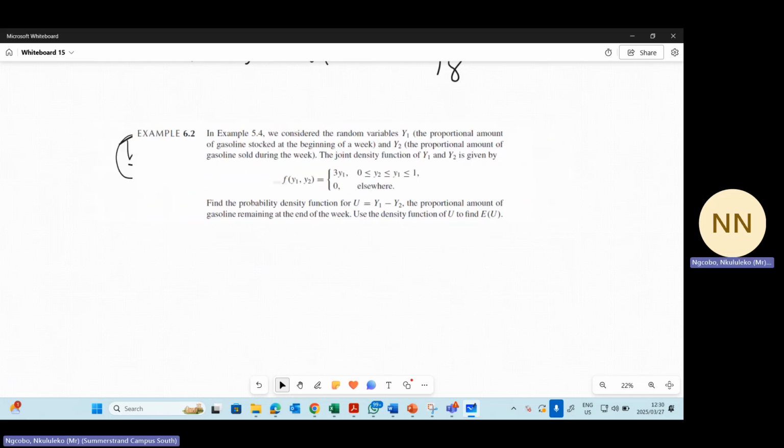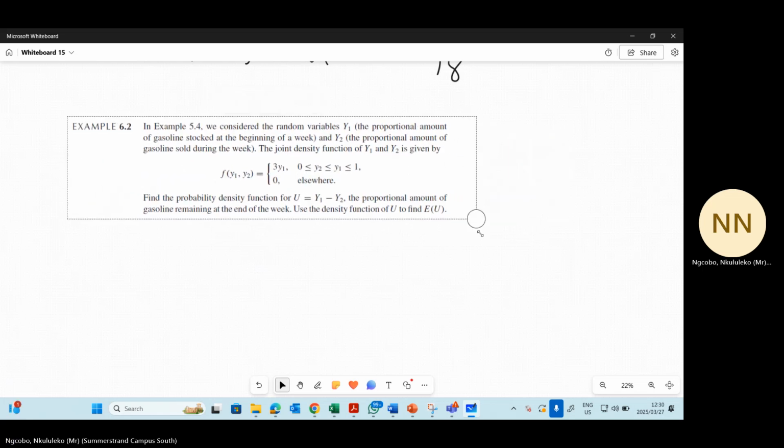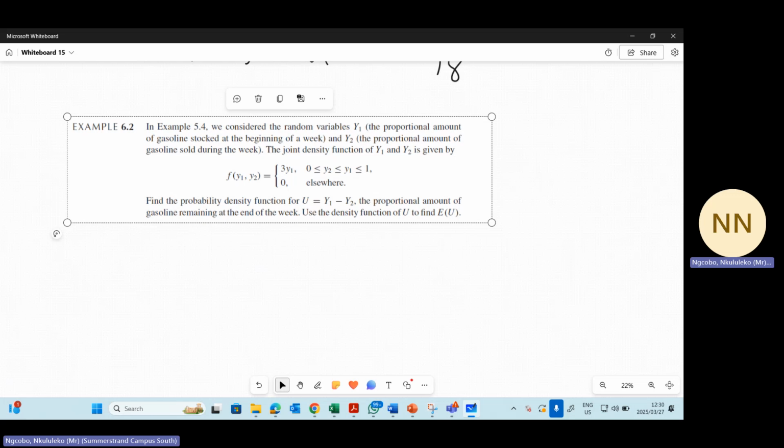So this is example 6.2. In this example, 5.4, we considered a random variable y, which is the proportion amount of gasoline stocked at the beginning of the week.